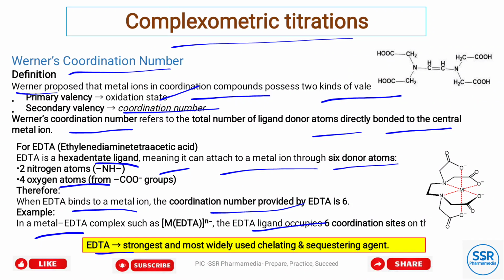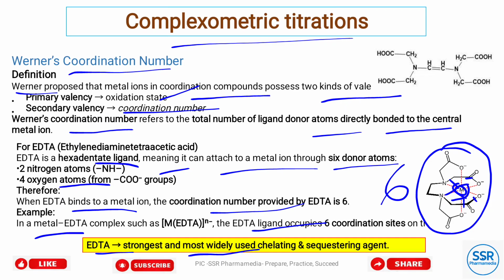EDTA is the strongest and most widely used chelating and sequestering agent. So this is the complex formation between EDTA and a metal atom. The metal atom occupies the center and is surrounded by 2 nitrogen groups and 4 oxygen groups, so there are 6 coordination sites.